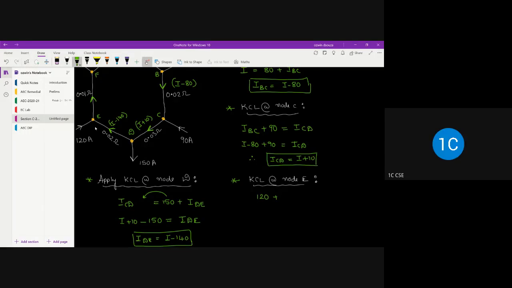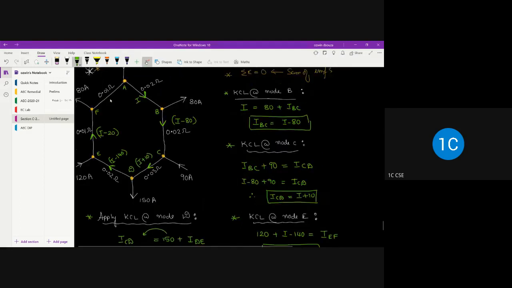Great. 120 is incoming plus I minus 140, that is also incoming. And that is equal to the outgoing current, which is IEF. So when you simplify, you will get the value of IEF. And how much is it? IEF? I minus 20. Correct. So this current also you have obtained as I minus 20.